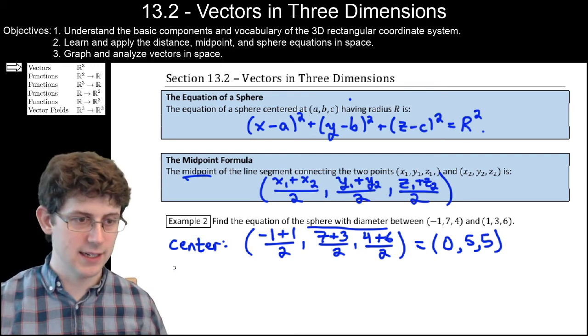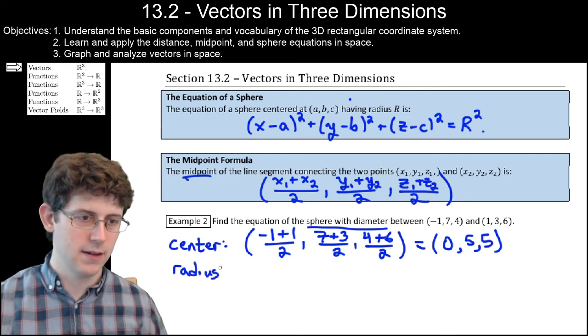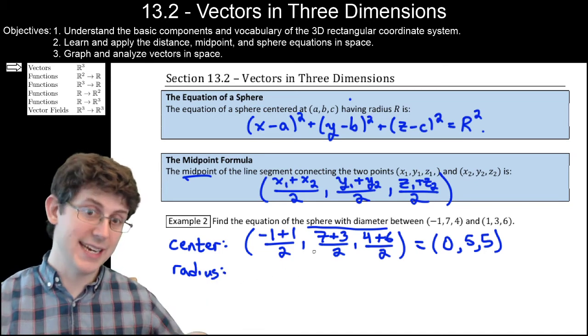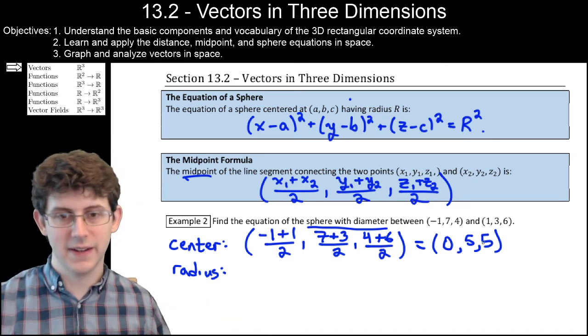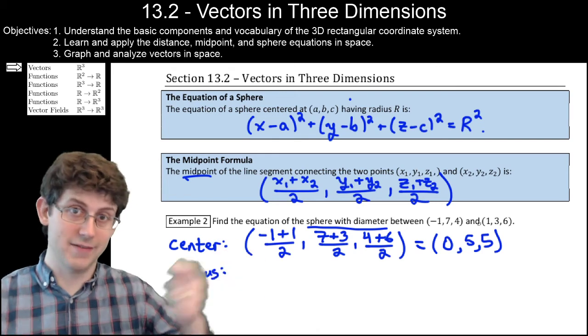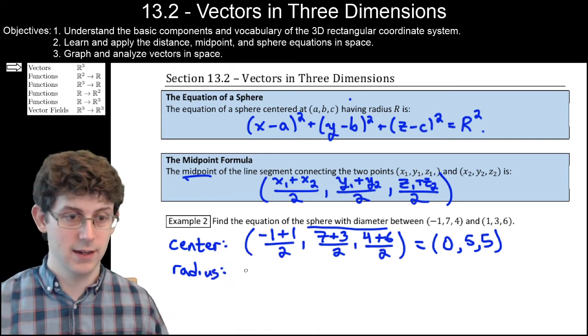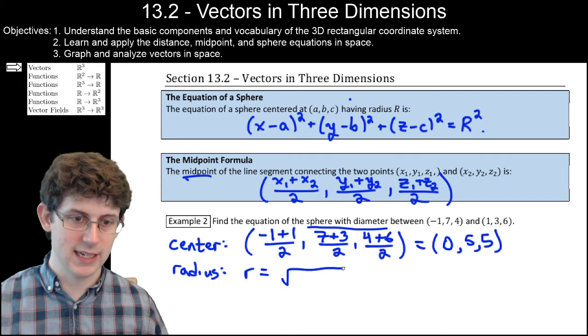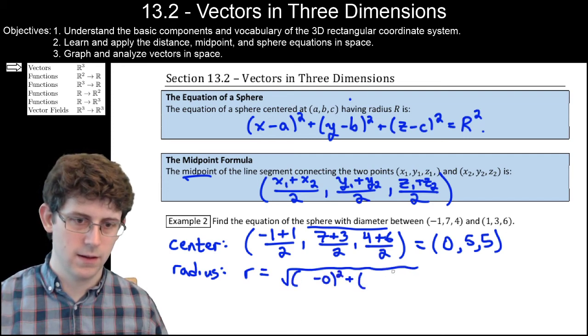And then the radius is the distance from the center to the edge. Or you could find the distance between the two outer points and divide by 2. Either one would work. I'll just find the distance between the center and one of the endpoints. So here I'm dropping in the center point.